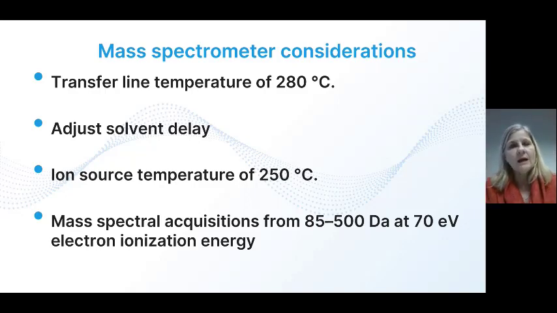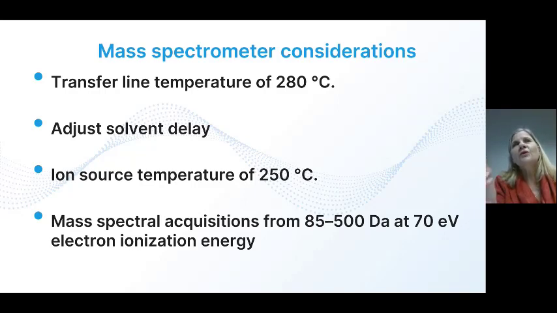The ionization for GC is a very hard ionization, and it fragments your compound completely. So we're only looking at up to 500 Daltons because those are the compounds we're mostly interested in, compounds that would be volatile.